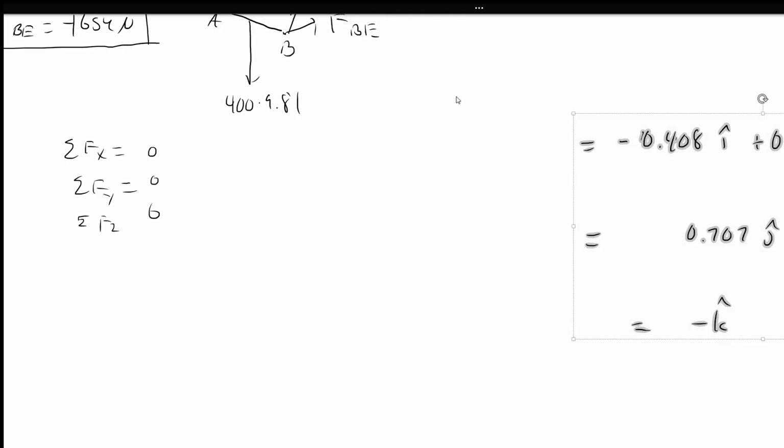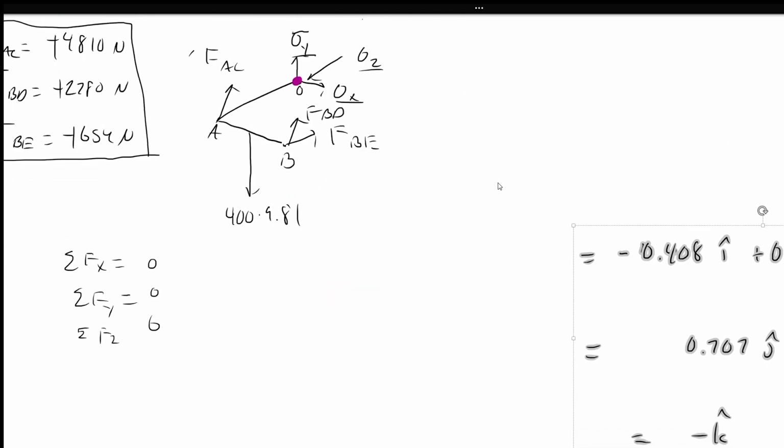Okay. So I'm just going to leave it here. Alright, this is n_AC and n_BD and n_BE. Okay, so the sum of F_x equals 0, so we're going to have O_X in here. We're going to have the x component of each of these forces.